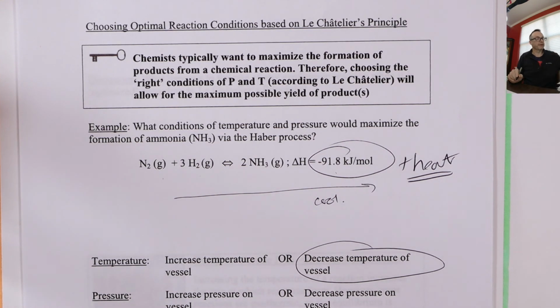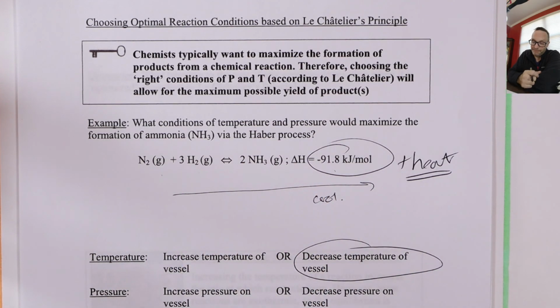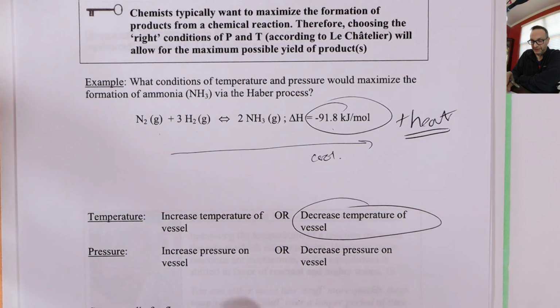So we see a decrease in temperature will make more product at equilibrium because it's an exothermic reaction. Remember the concept: if I cool it down, it does the reverse. It makes heat. It's an exothermic reaction. It moves to the right. Okay. Now, this next one, interesting.